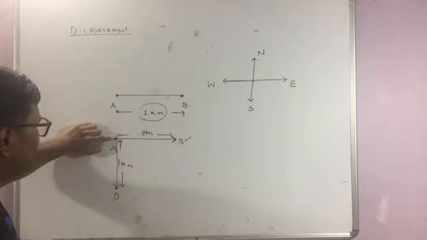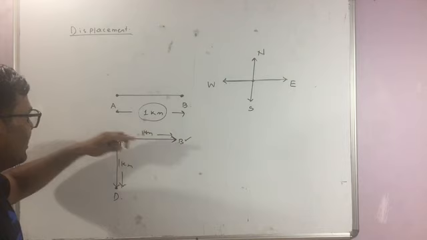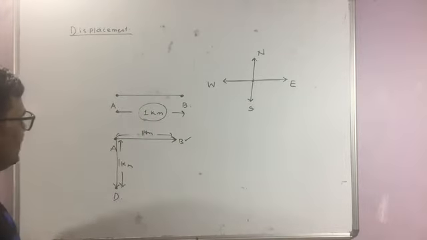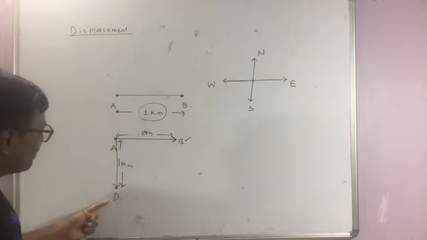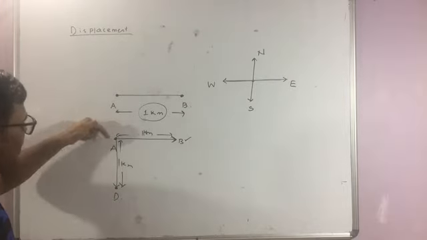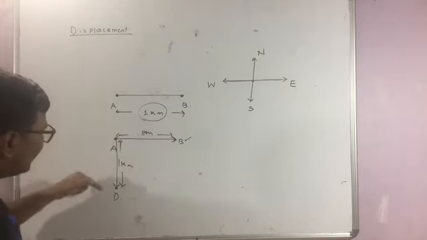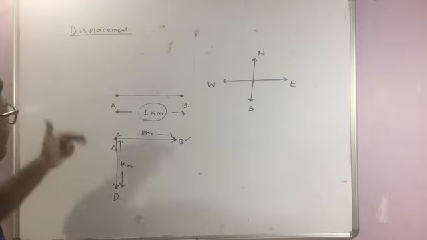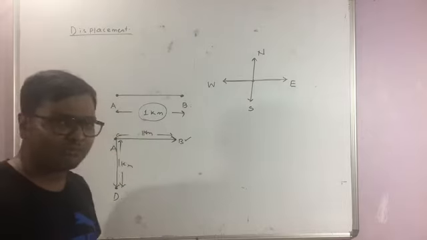To reach point B, you need to move 1 kilometer along east. To reach point D, you need to displace 1 kilometer along south. So that is the way displacement has a direction.